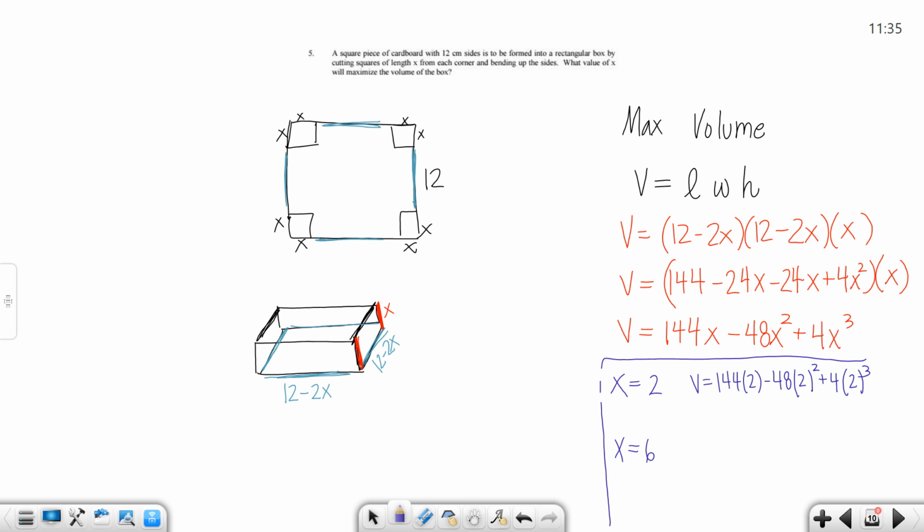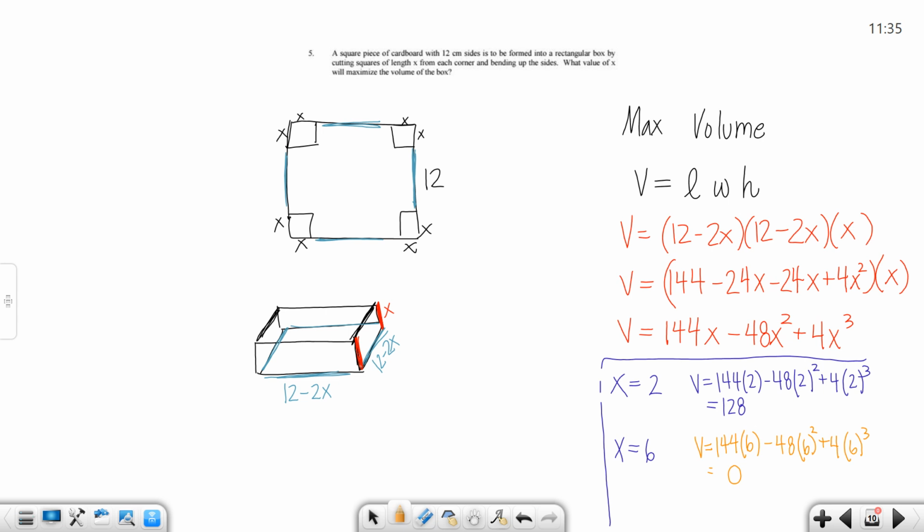When I put all of that into my calculator, I get 128. Okay, so I'll also plug in the 6. When I plug in the 6, I'll get 144 times 6 minus 48 times 6 squared plus 4 times 6 cubed. So when I plug those in, I get 0.